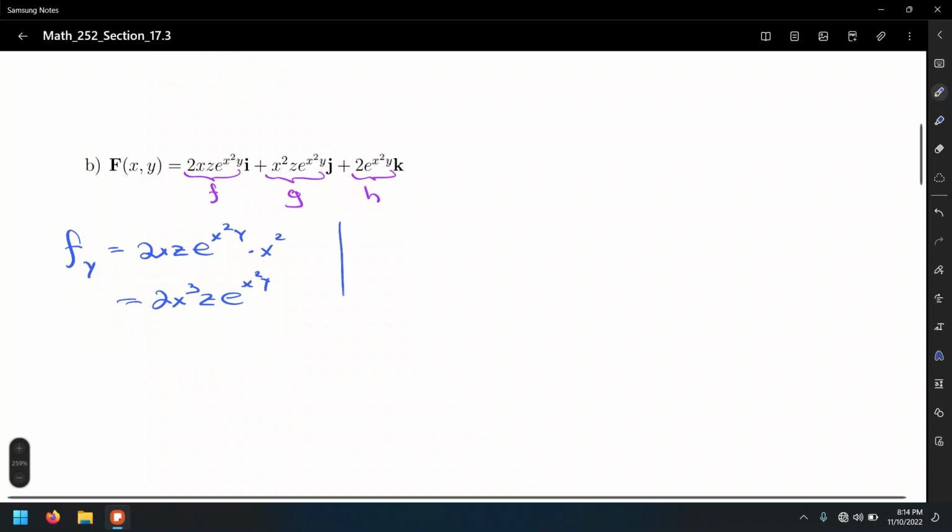Now let's find the partial derivative of g with respect to x. Notice there's x's all over the place, so in this case we need the product rule.